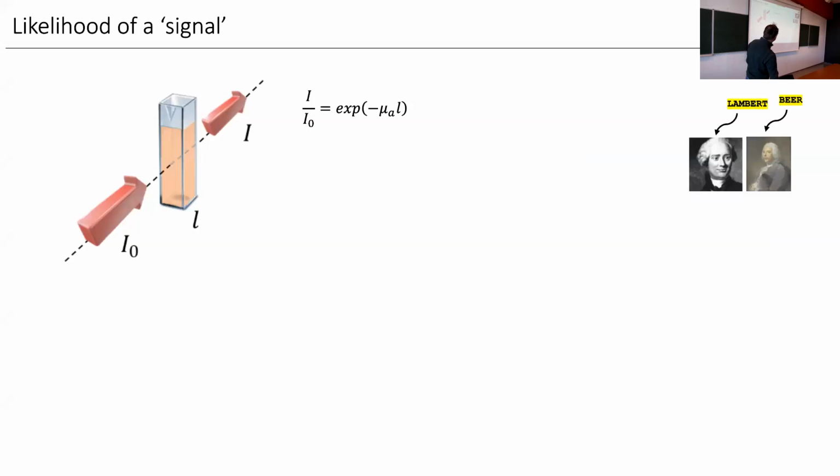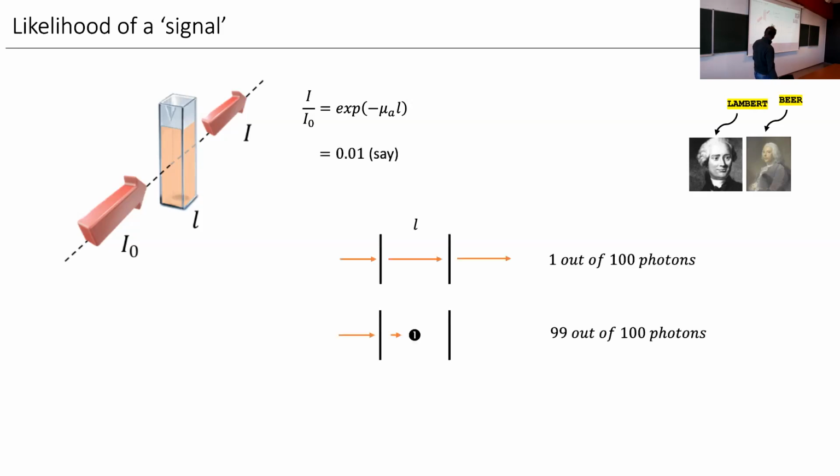So briefly, I want to go back to what the likelihood of the signal is. If we consider a Lambert-Beer law here, the density measured on the backside of the event is divided by the density from this Beer law.